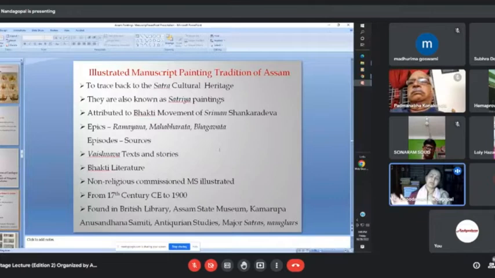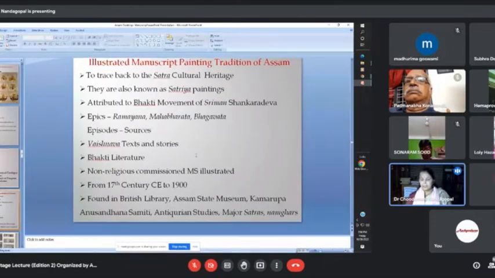Most of the texts coming from Assam are Vaishnava texts. If you go to Bengal or Orissa, you find the Shakta texts. So Devi Mahatmya has been beautifully painted in most of these places. And you have seen Sri Shaktinidhi in the parts of Karnataka, how they are illustrated. So here it is Vaishnava texts and stories.